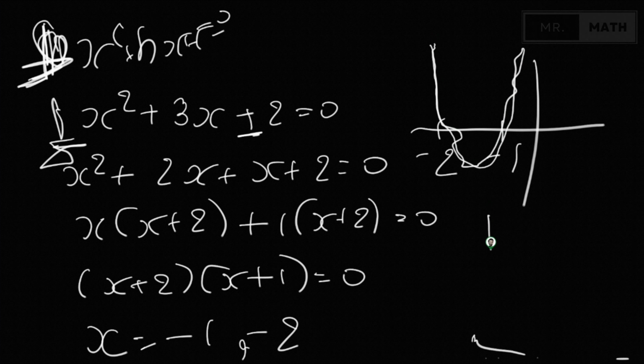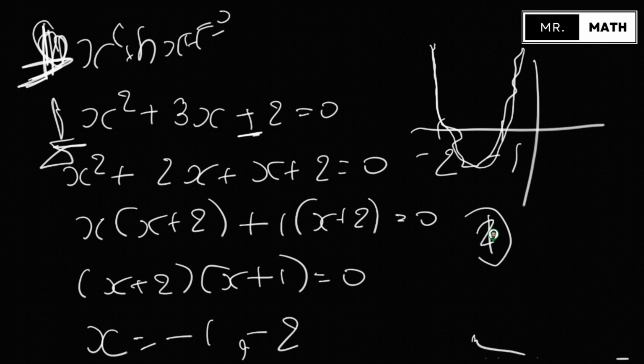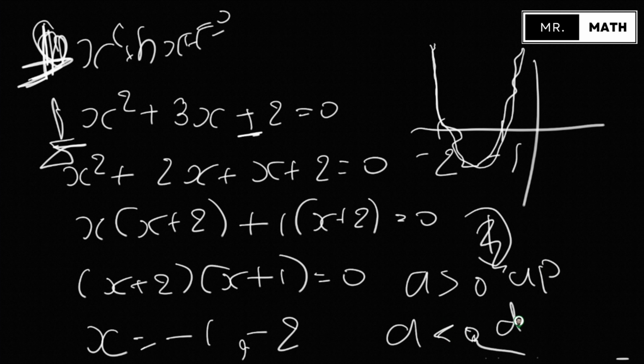Remember guys, always keep in mind that if the roots are two, then it would cut the x-axis twice, and if the value of a is positive, then it would be an upward parabola, and if the value of a is negative, then it would be a downward parabola.